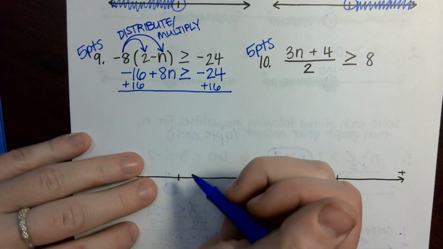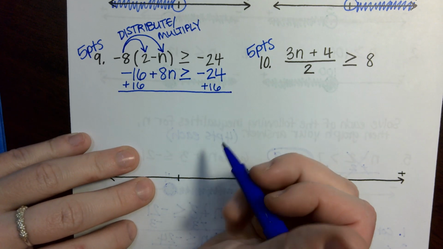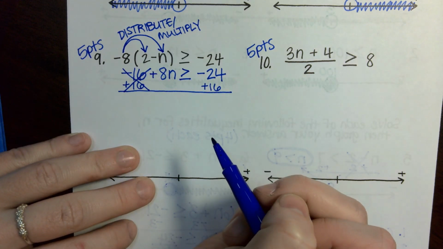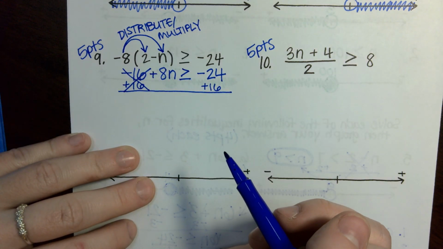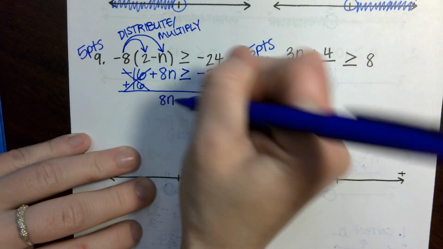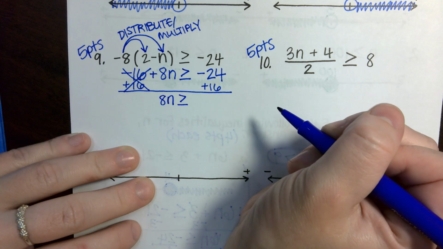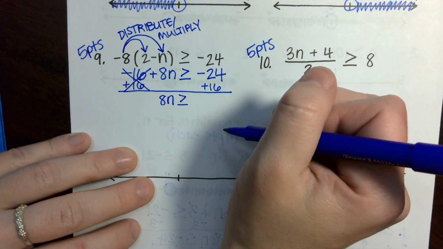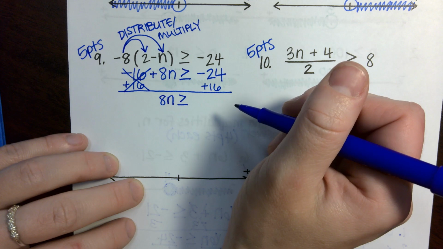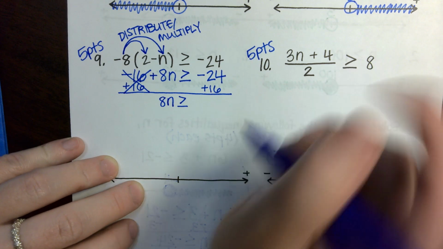Alright, so we just added 16 to both sides. The 16s will cancel. Then what? Good. And then -24 plus 16. Alright, don't shout it out, guys. Not quite.